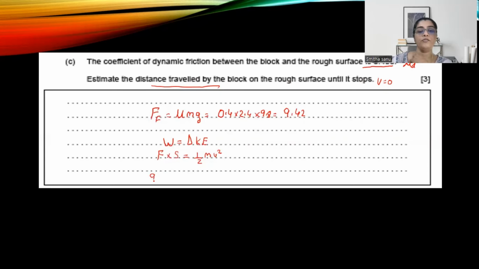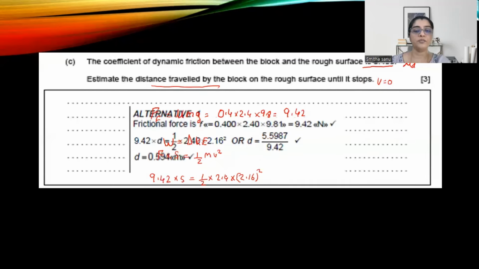Force is 9.42. Displacement is what we have to find, is equal to half, mass of the block is 2.4 and velocity is 2.16 square. It is 0.594, which is the exact thing that we get.